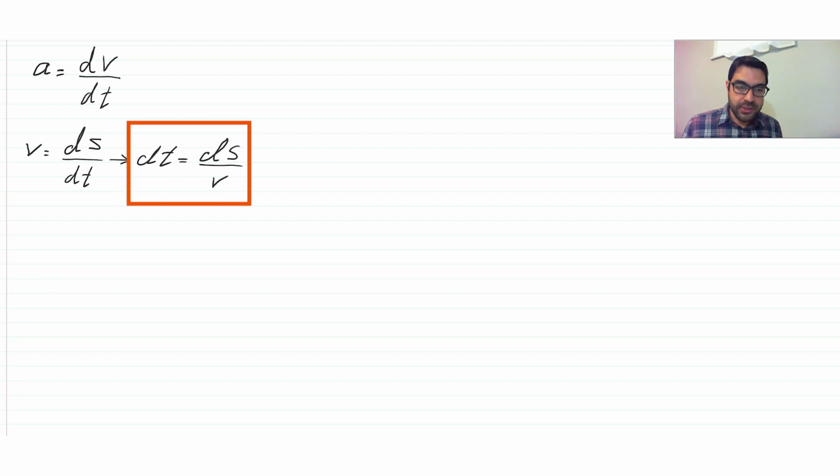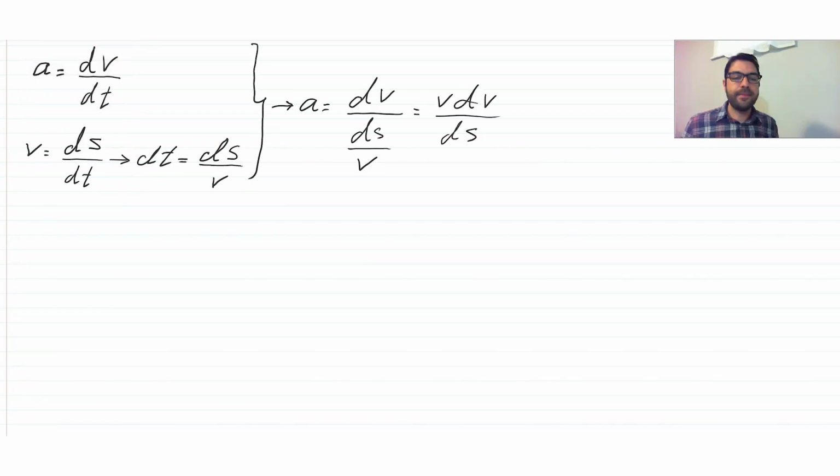So I'm rearranging that, and dt is equal to ds over v. Now using these two equations, I'm going to conclude another equation. So I just replaced dt by what I had here.